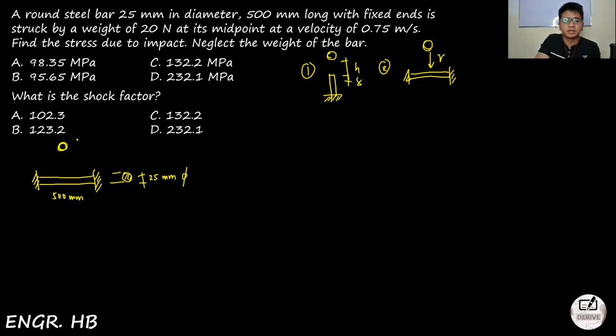So kanina 20 pounds, ngayon naman 20 newton, yung pinatama. At its midpoint at a velocity of 0.75 meters per second. So halos 1 metro per segundo ang bilis. Find the stress due to impact, neglect the weight of the bar.